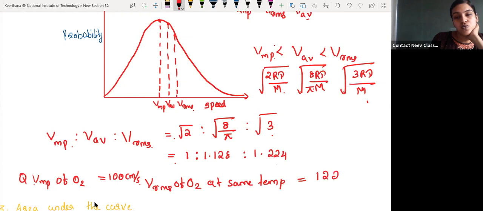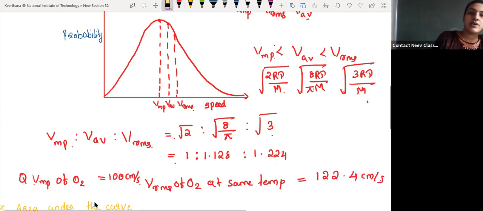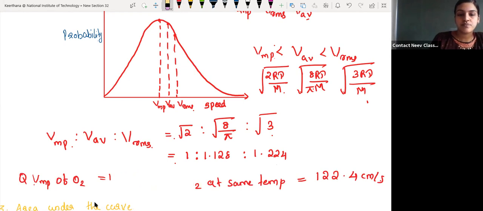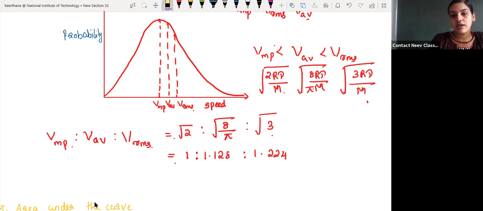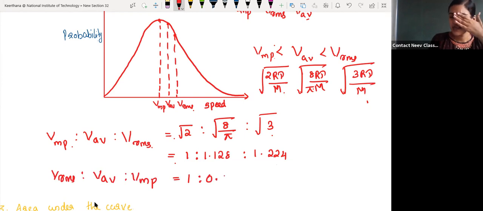Yes, it is 122.4 centimeter per second. So if you know the ratio, you can use it. If we give VMP and ask VRMS, you can use this, and if they give VRMS and ask VMP, the ratio will be 1 is to 0.918.